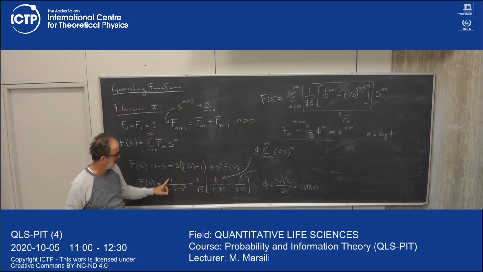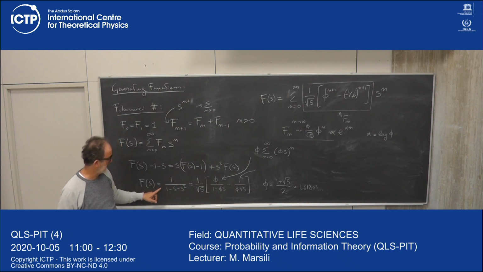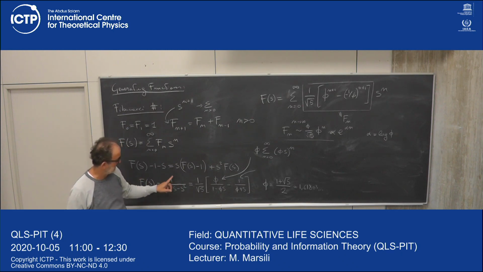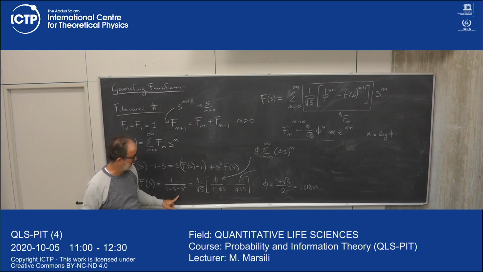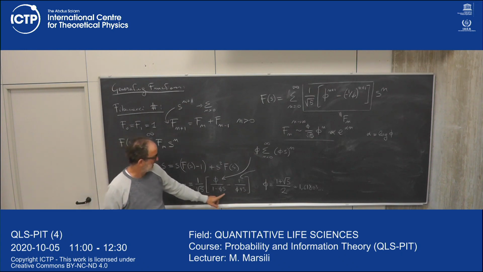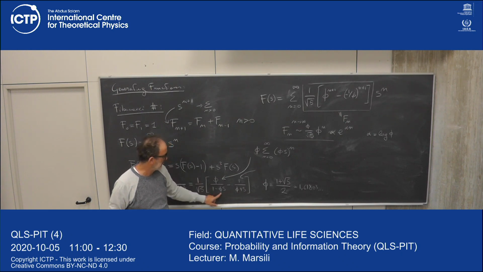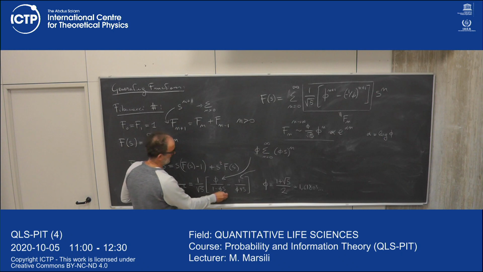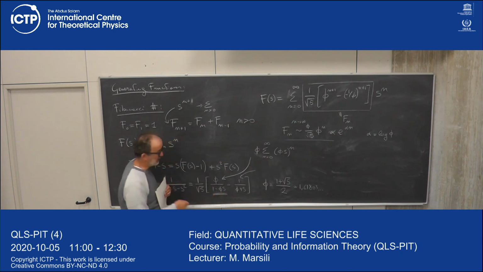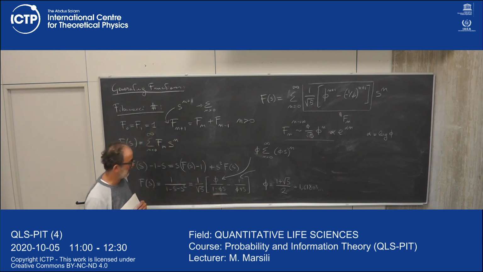In particular, if you think carefully, it is related to one of the two singularities, which is the singularity at 1 over phi. Here there is another singularity which is at minus phi. So it is related only to the singularity which is closest to the origin in the complex plane.